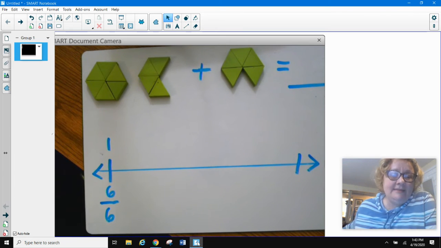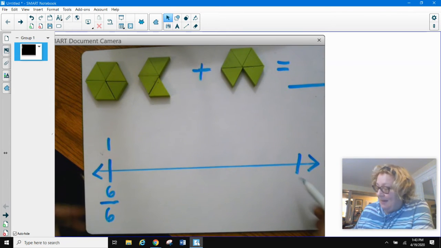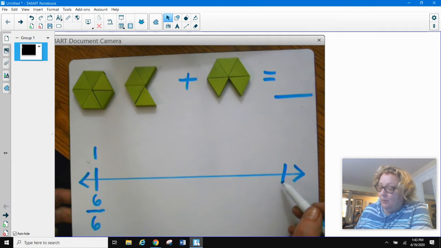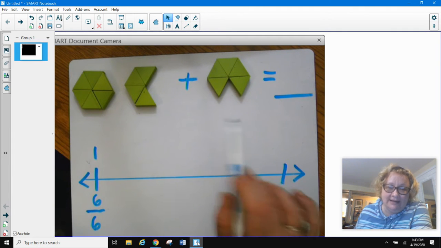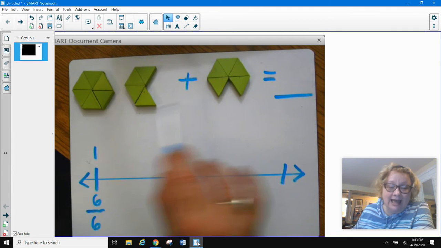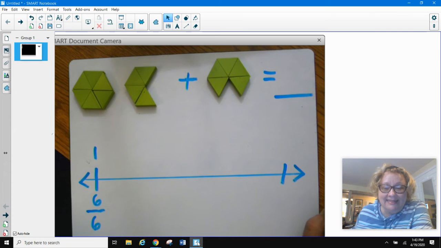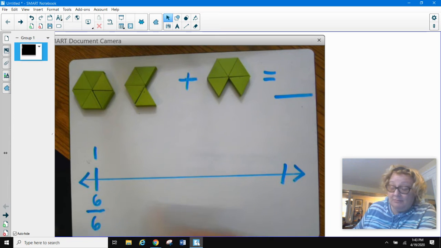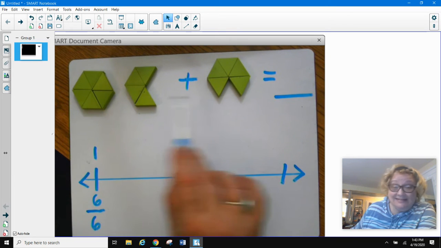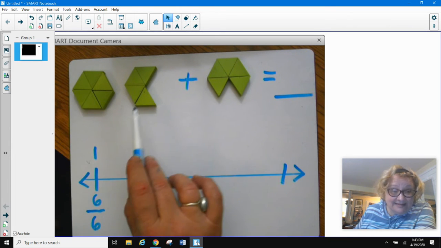Okay? Now the next thing I want you to do is to think about our end point. We are getting ready to add 2 quantities, and you can eyeball this to see that we are not going to have more than 3 wholes, because here's a whole, this is less than a whole, and this is less than a whole.